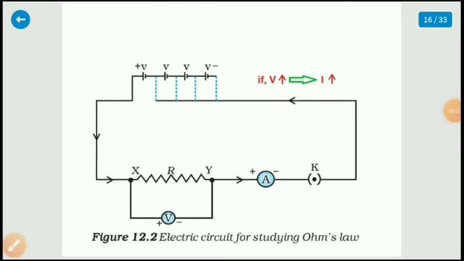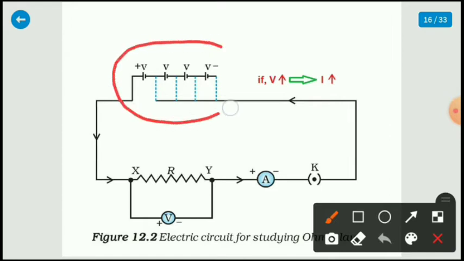Here this is the circuit diagram for studying Ohm's law. By this experiment we can illustrate Ohm's law. We use a variable battery to vary the voltage, and we measure the current in this ammeter and the voltage given to this circuit by this voltmeter.